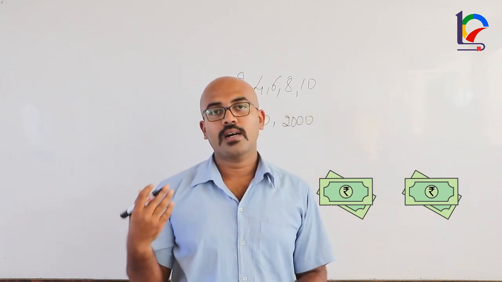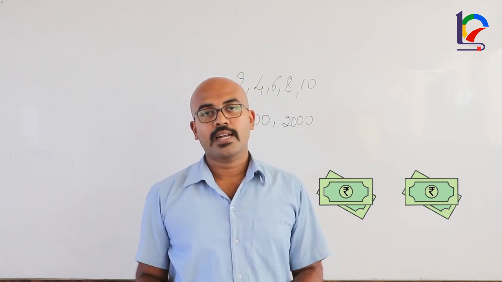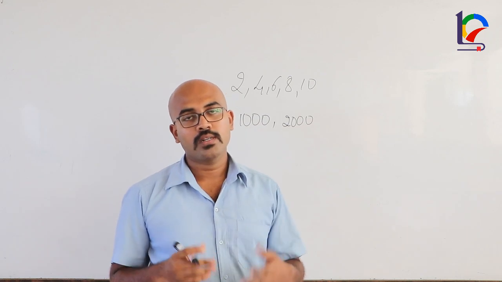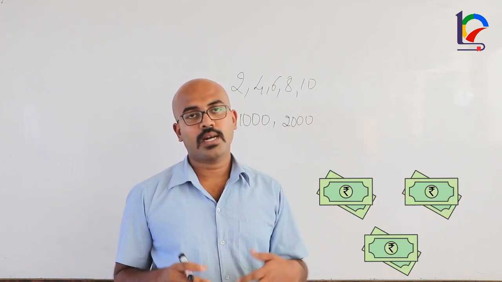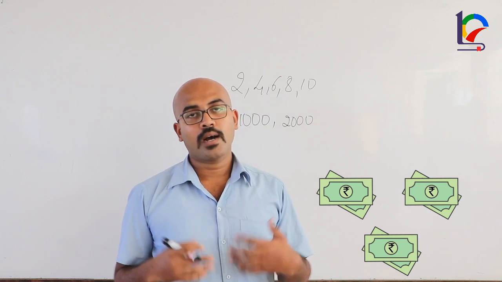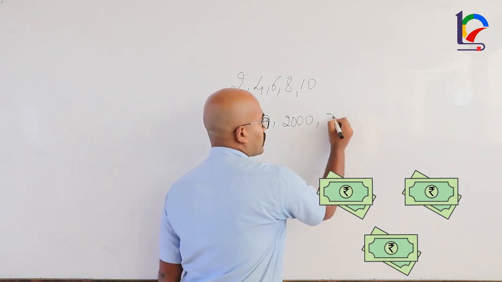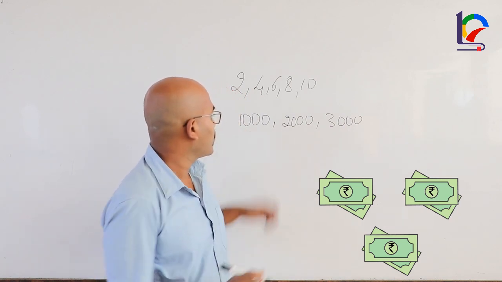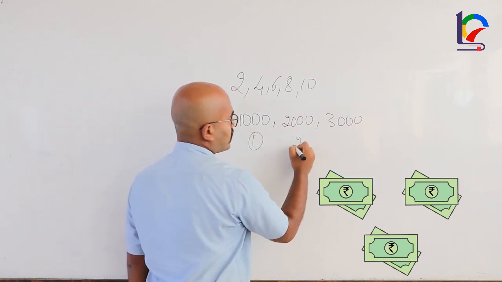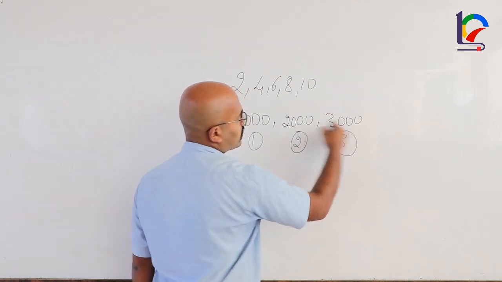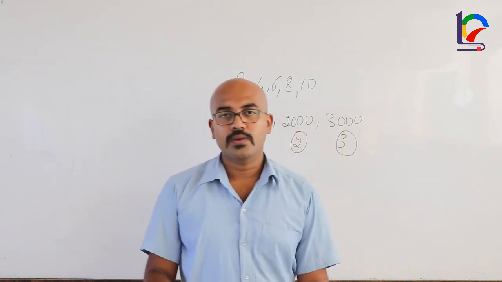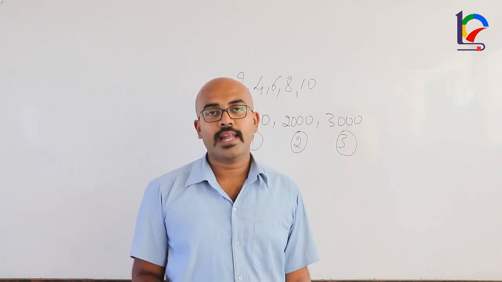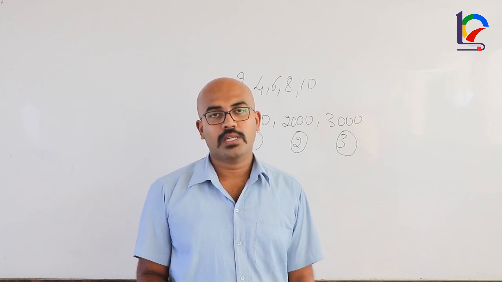Similarly, the succeeding year, they might give you 1000 rupees more. Since you are becoming older and older, they trust you and start giving you more. So the next year, they might give you 3000. So the first year it was 1000, second year 2000, third year 3000. Again it kept on increasing. This is also an example of arithmetic progression.